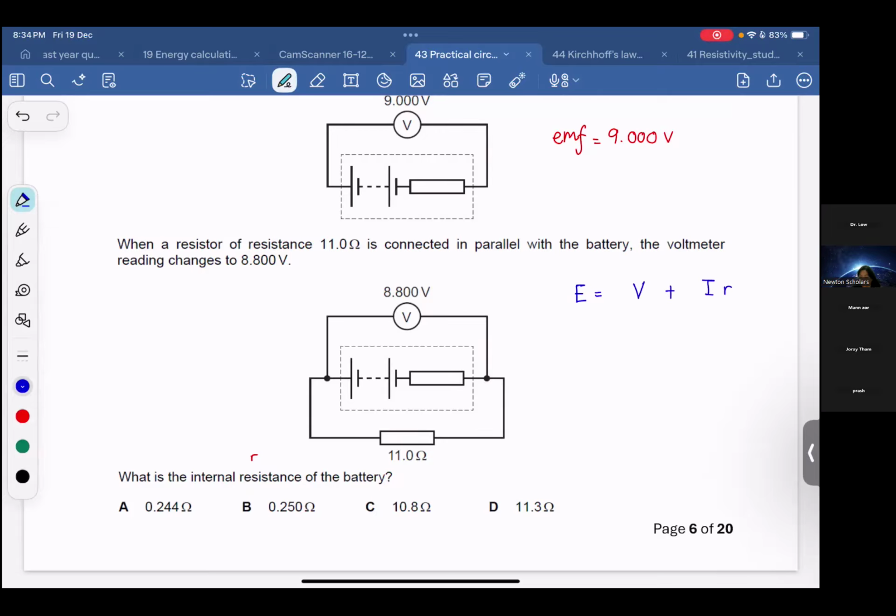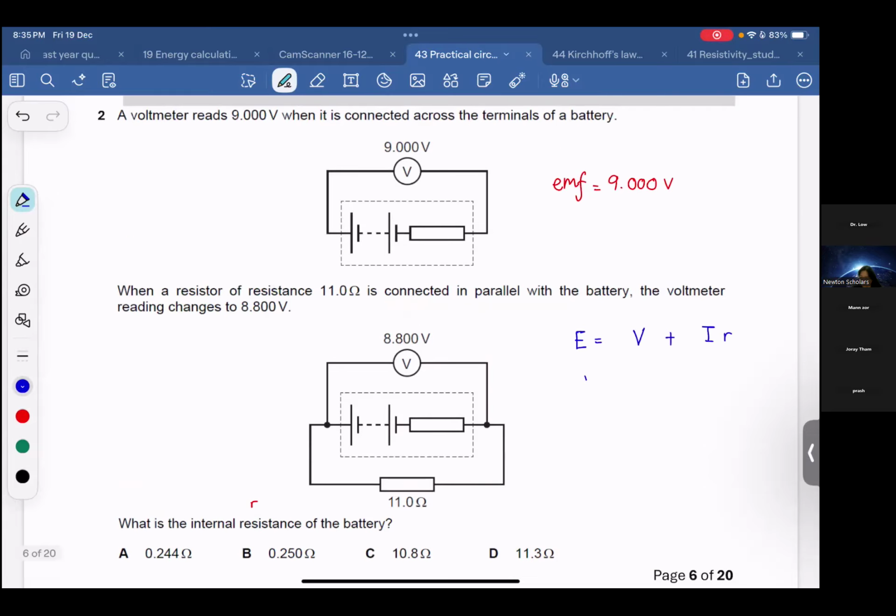What is your E? E is your EMF. From just now, the first diagram, I know that my E is 9. What is my voltage across the component 11 ohm? I don't know. Then what should we do? Can we calculate it, or is there no need to calculate?